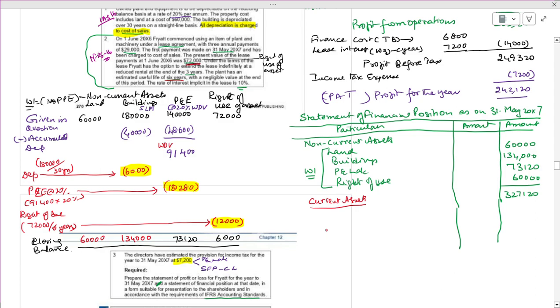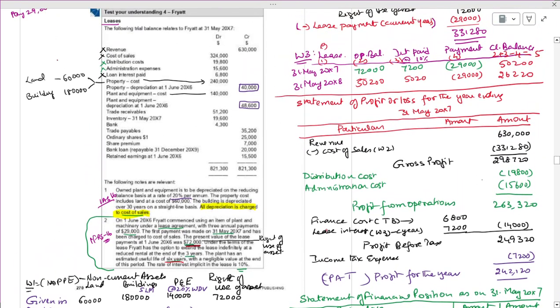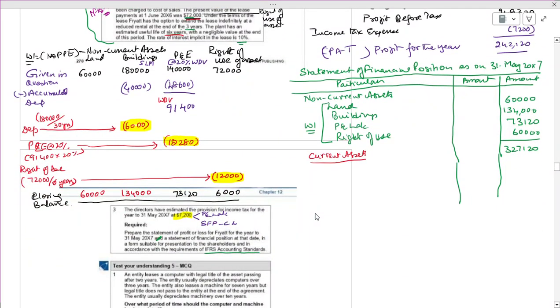Current assets. We have done this already. Inventory as at 31st May. How much is there? 19,600.